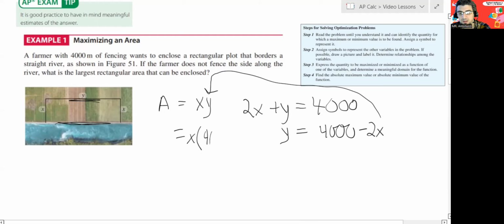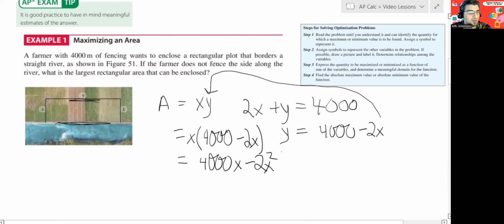So this would be x times (400 minus 2x). Okay, if we simplify this, we would have 400x minus 2x squared. Now, the domain of this function is going to be 0 to 200 given the context of the problem.